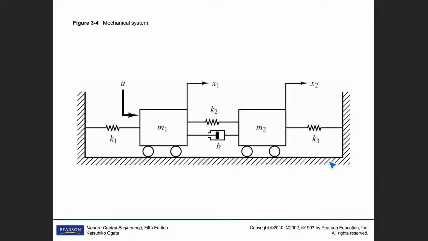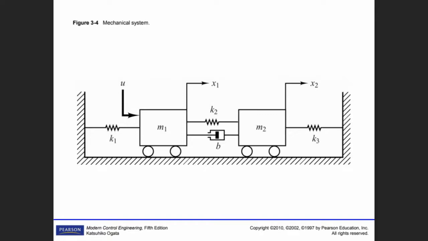One of them is K1, the other one is K3. That's right, K3. So that is the problem. And it is expected that we write down the mechanical equations and obtain the transfer function.